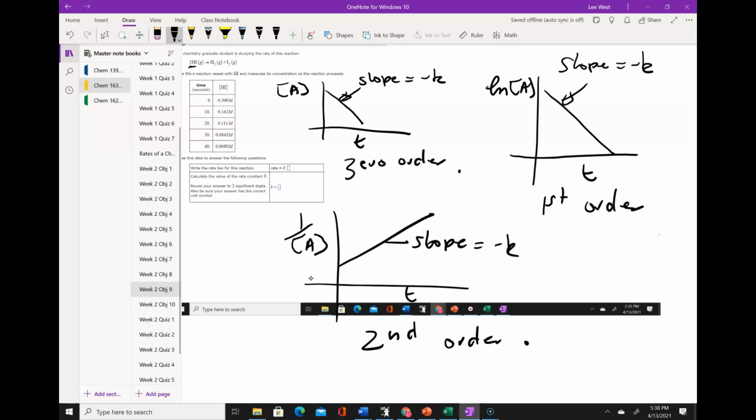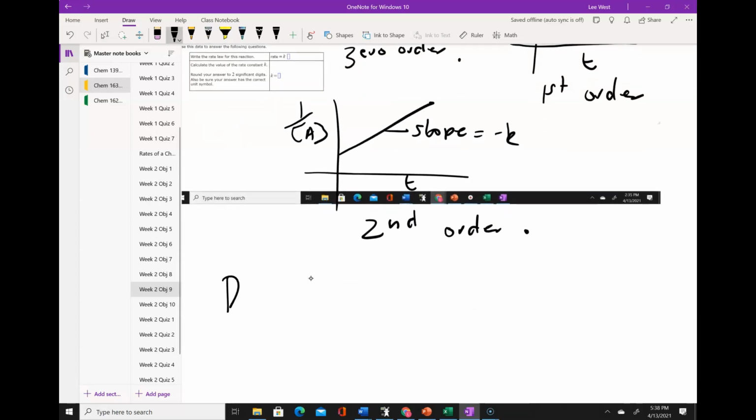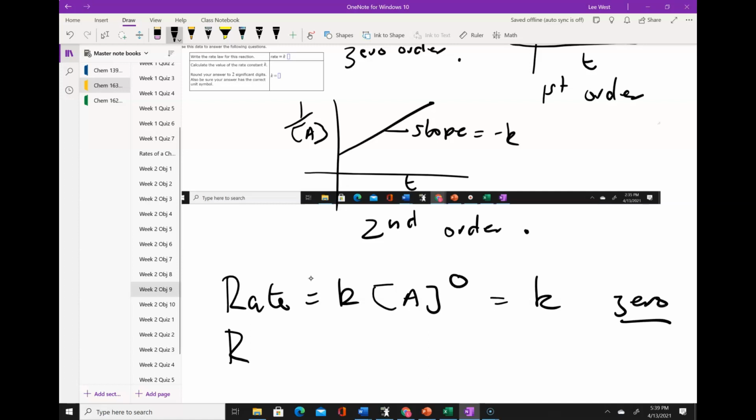So once I've figured out whether it's first order, second order, or 0 order, I can get the rate law, right? Because if it's 0 order, rate equals k times the concentration of my reactant raised to the power of 0, which is just straight up k. That's for 0. If it is first order, it'll be rate is equal to k multiplied by the concentration of my reactant to the power of 1, which you can just not put the 1 there, and that's for first order.